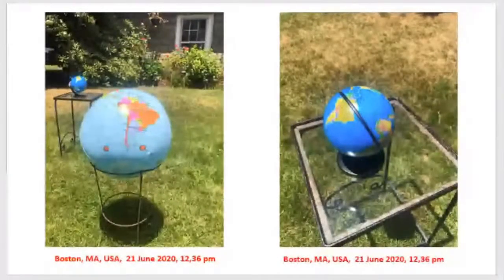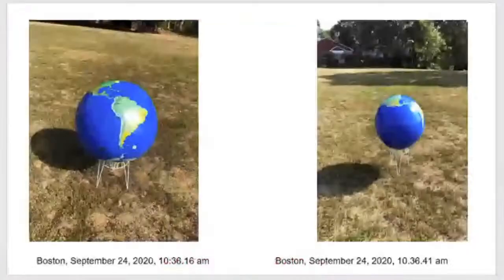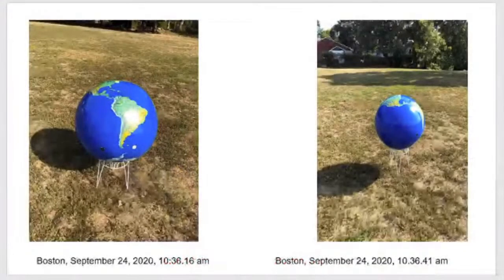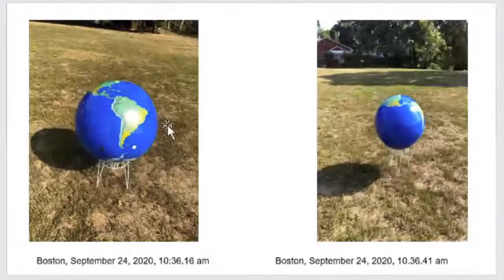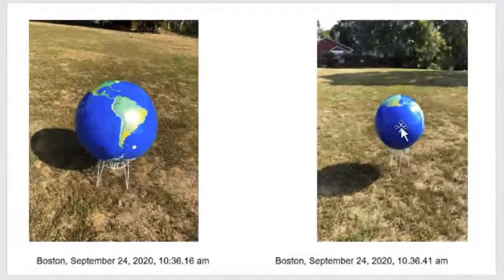These are the pictures from solstice, and here night already came to Africa. And now these are the pictures from September, from equinox, when the line between day and night is along the meridian. That is well seen here. And we also see where the position is.